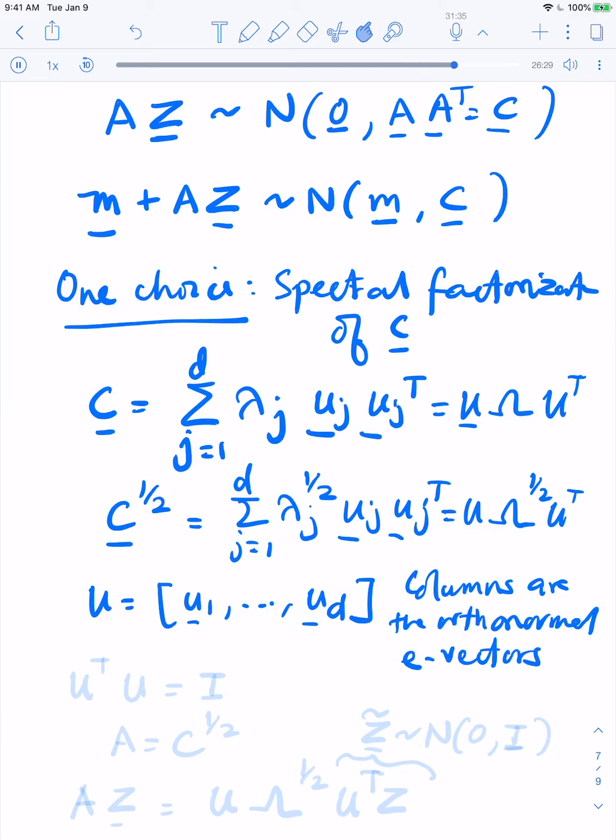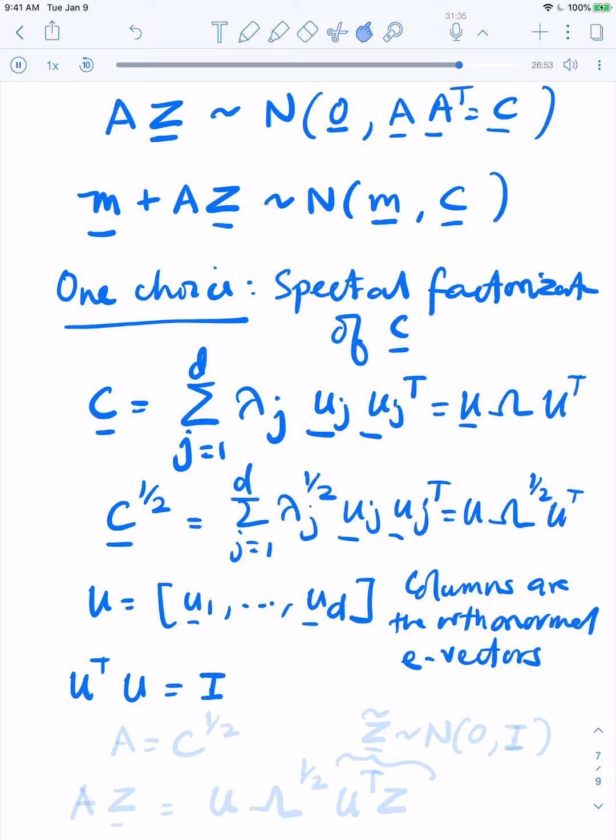So the columns are the orthonormal eigenvectors. And since they are orthonormal, when I take U transpose U, I get u_1 transpose u_1, u_2 transpose u_2 on the diagonals, and then the cross terms on the off diagonals. The cross terms are all zero because these eigenvectors are orthogonal to each other. So U transpose U is equal to the identity, right?